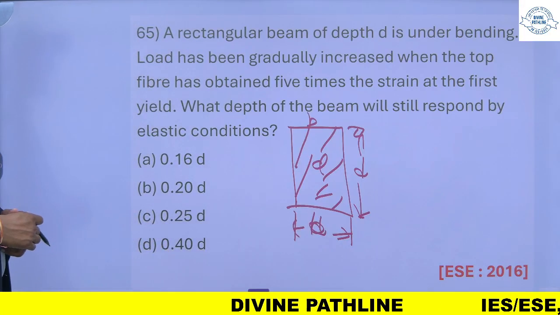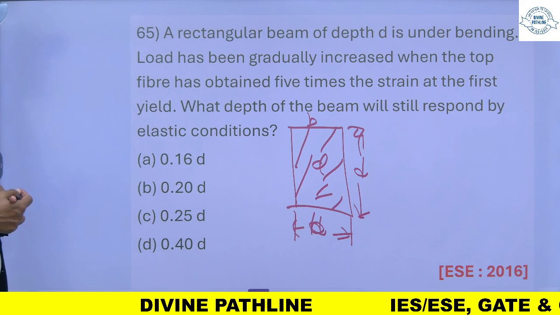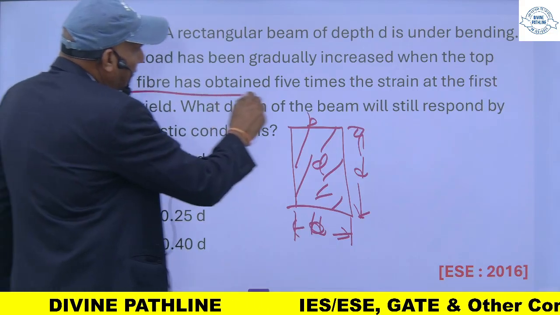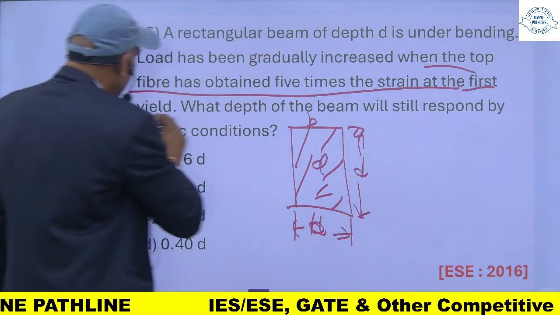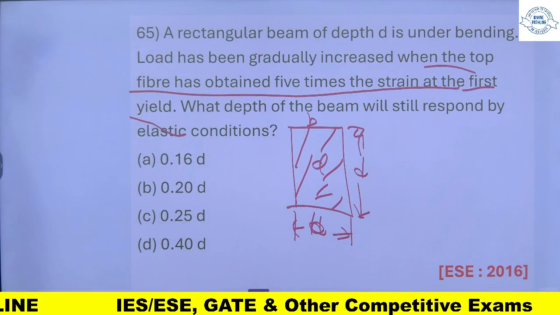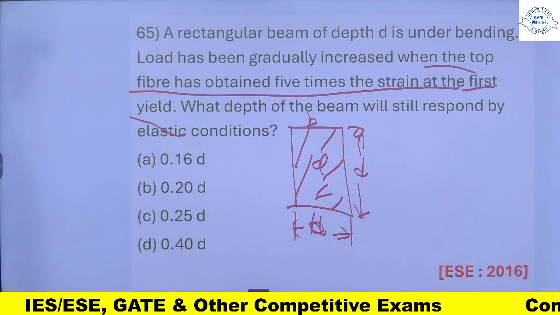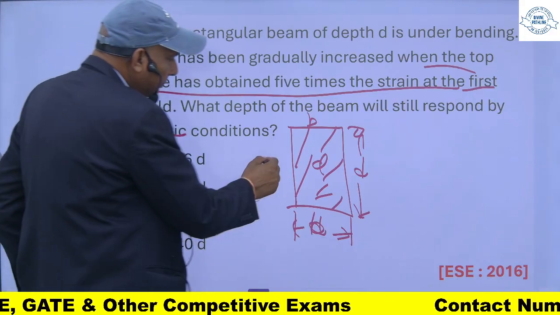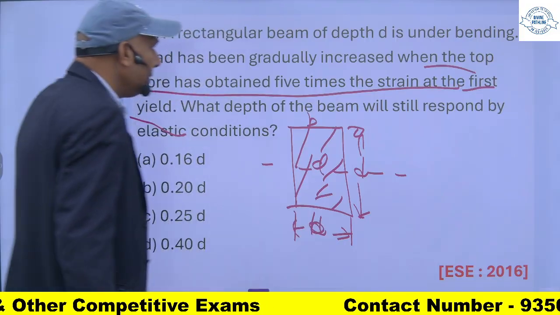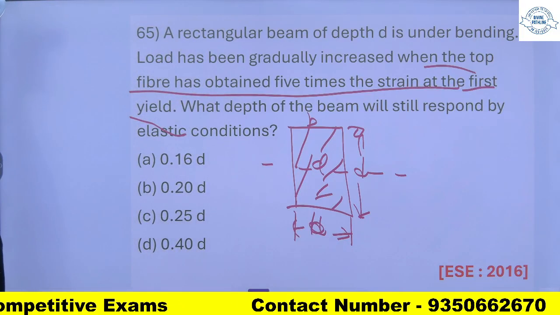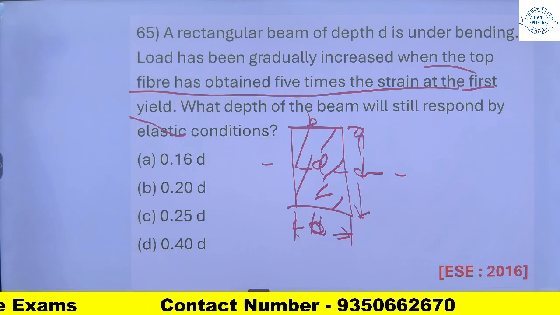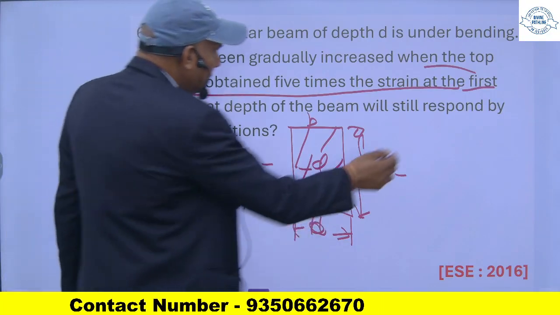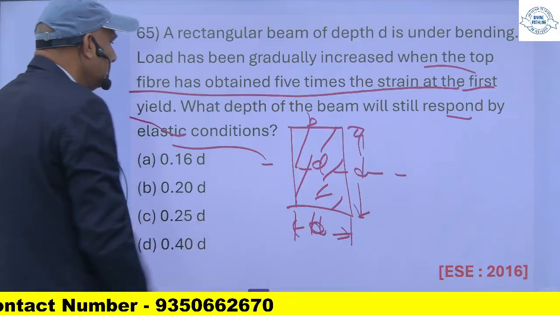First yield means this top fiber. So I have to find what depth of the beam will still respond by the elastic conditions.